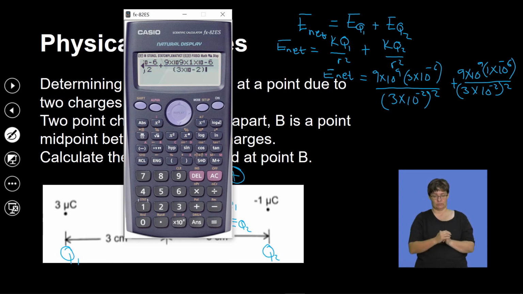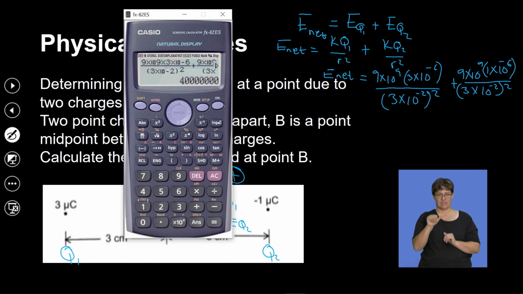We close that and square the distance. If we press equals, it will give us the value of E net. If you count there, 1, 2, 3, 4, 5, 6, so it's 40 million newtons per coulomb to the right. So this is 1, 2, 3, 4, 5, 6, 7. There are 7 zeros.